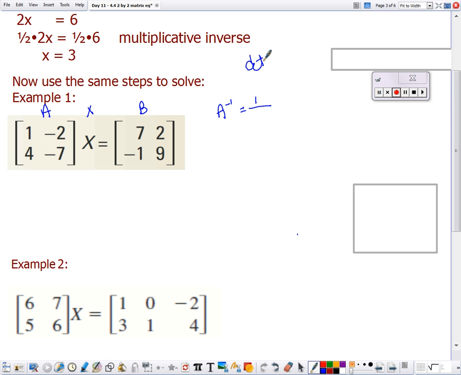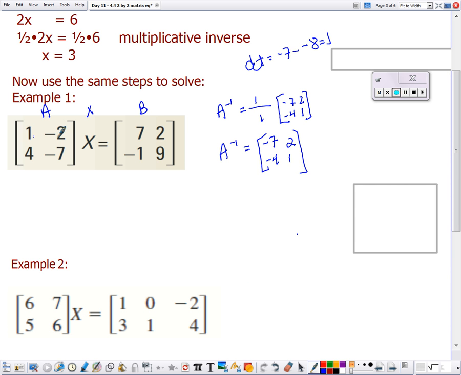Do that up here. Negative 7 minus negative 8. Ooh, that's 1. That's really nice. So then the inverse is I switch those, make the others negative. So A inverse is negative 7, negative 4, and 1.